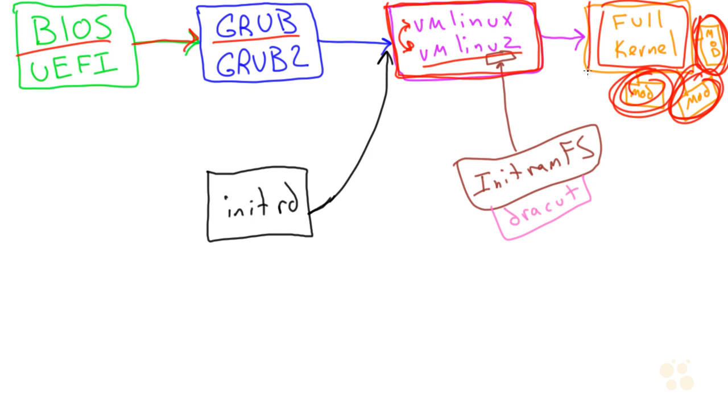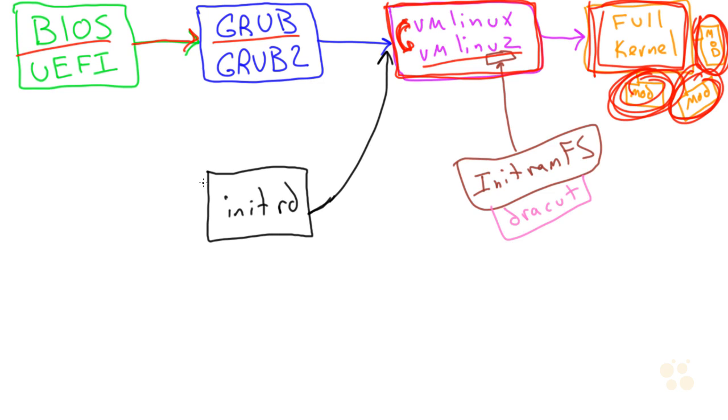There's a few problems. What if all the modules here are on a file system that this stripped down kernel doesn't know how to mount? It's like, well, I don't know how to get onto a RAID device, or I don't have any idea how to mount this fancy new SSD drive that you put into the PCIe slot or something.